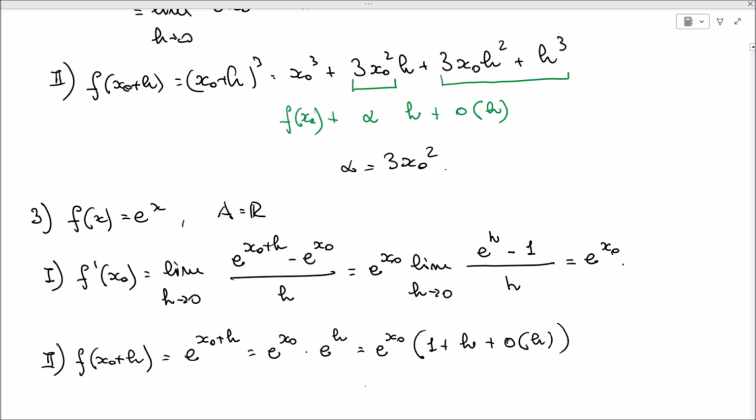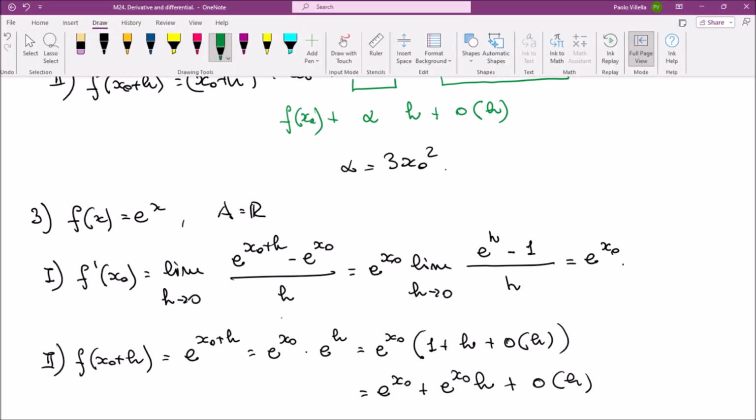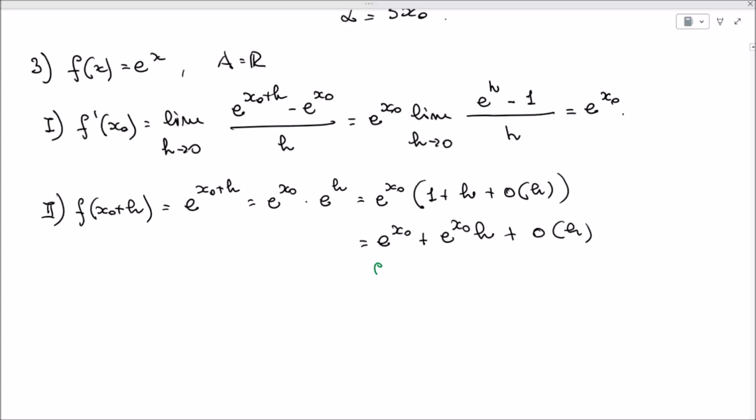And multiplying out, we get e to the x naught plus e to the x naught h plus little o of h. Once again, we recognize easily this to be f of x naught, this to be alpha, so alpha is just e to the x naught, which is consistent with what we found with the first method, plus little o of h. Good.